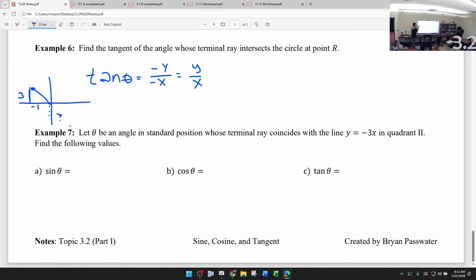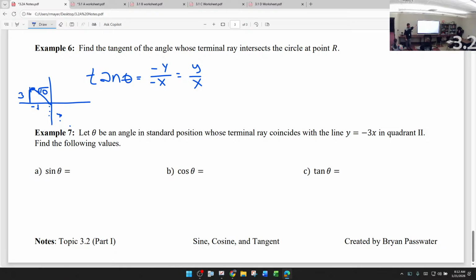You'll thank me later. If that's 1 and that's 3, that's 9, that's 10, that's the square root of 10. The radius is always positive. There's never a negative radius. You can have negative angles, you can have negative x's, you can have negative y's, but radius is never negative.